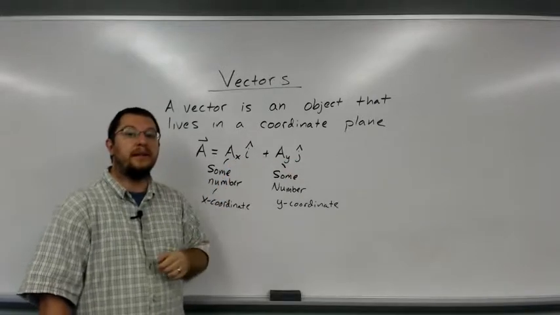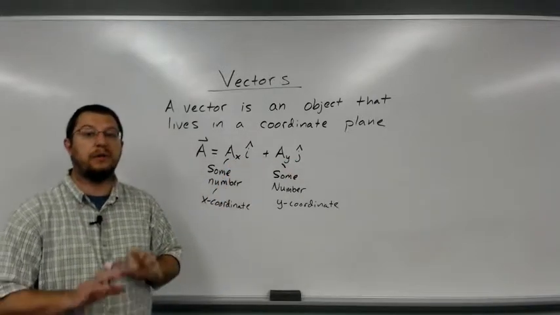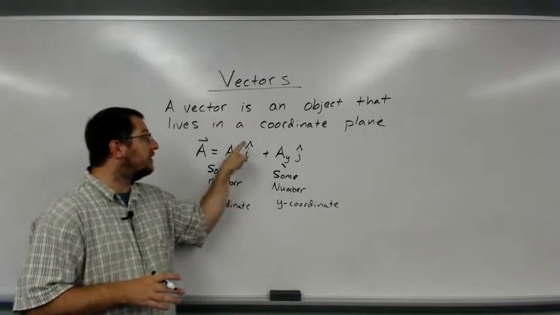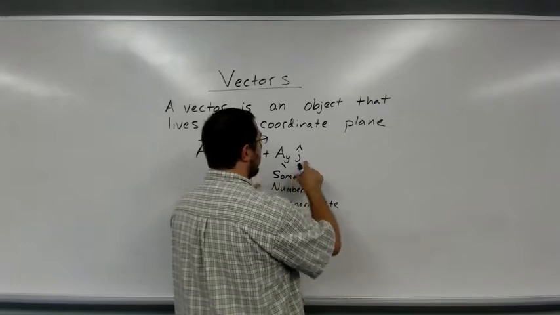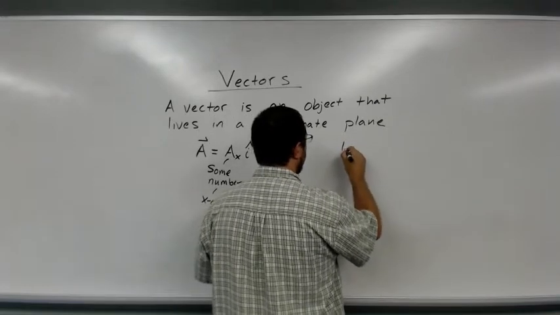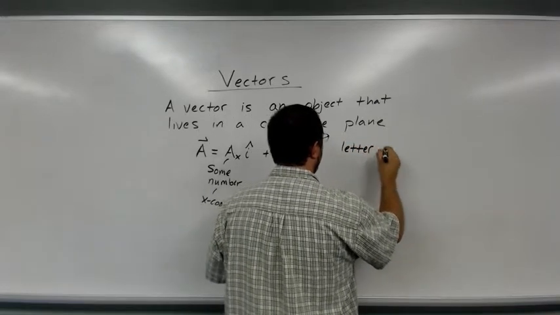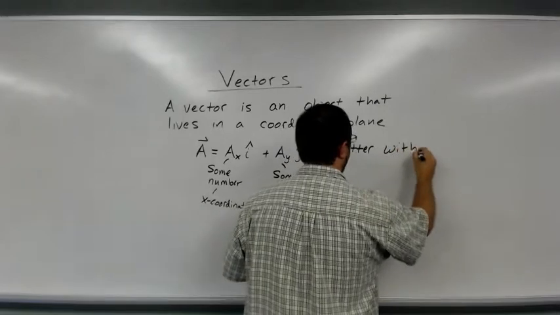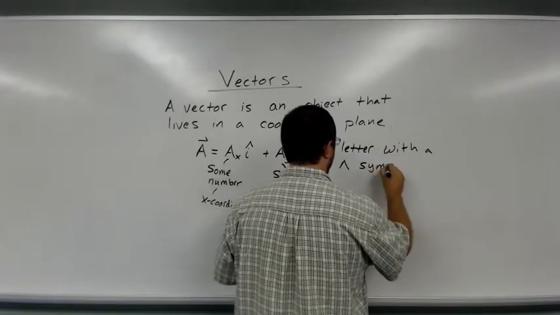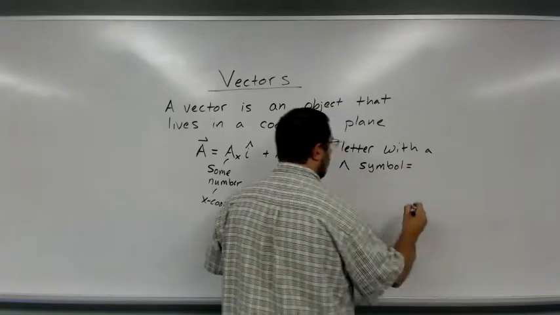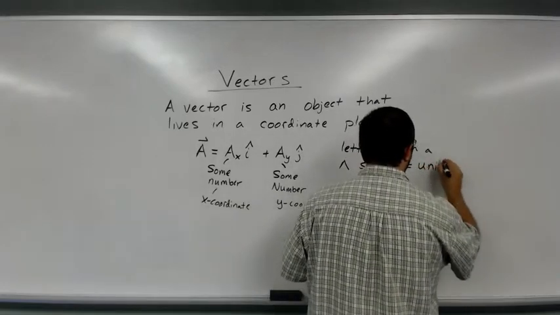But more importantly, when we're actually using numbers, the x and the y are going to be denoted with this i hat and j hat. So i hat, j hat, anything with a hat, okay? Any number or any letter with a hat, those are what we call unit vectors.